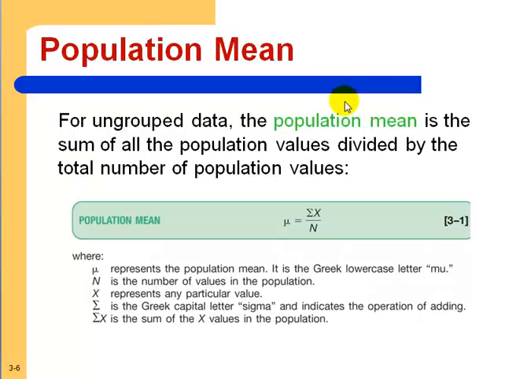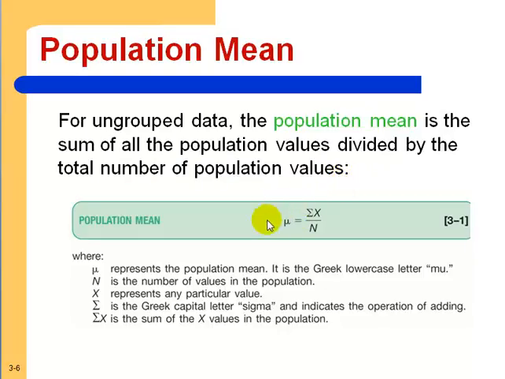For the mean, remember, you have to know how to calculate it. The first one is the population mean. For ungrouped data, the population mean is the sum of all the population values divided by the total number of population values.